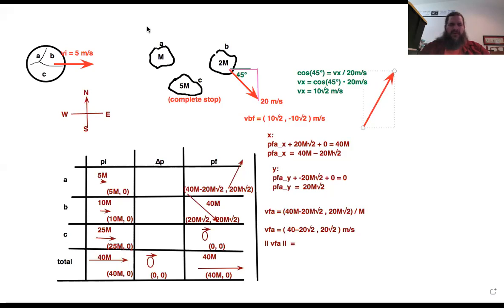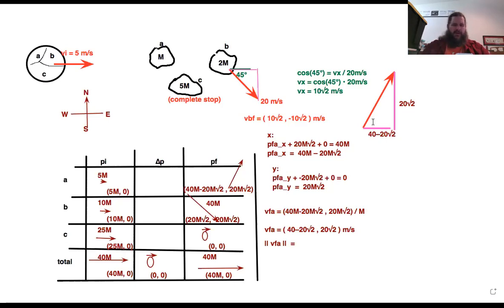We know its x component is 40 minus 20 root 2, and its y component is 20 root 2. We can use the Pythagorean theorem there. Square this side, take the square root, and that'll give us a result.